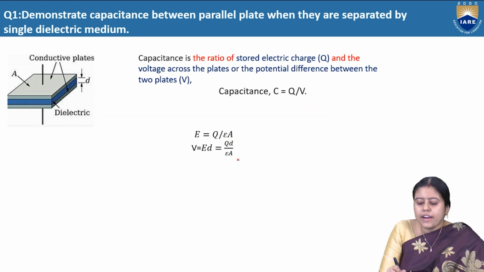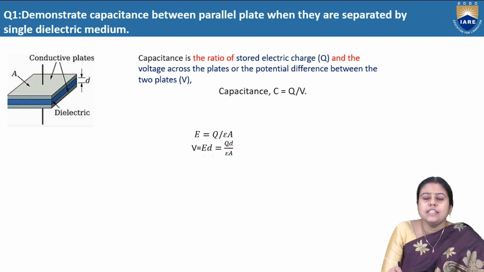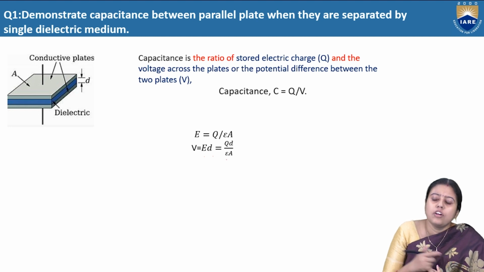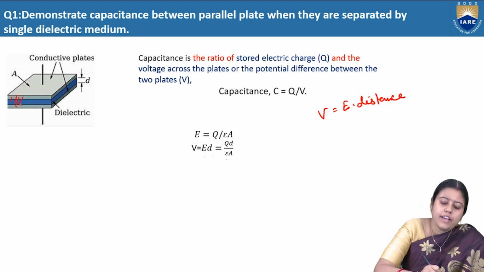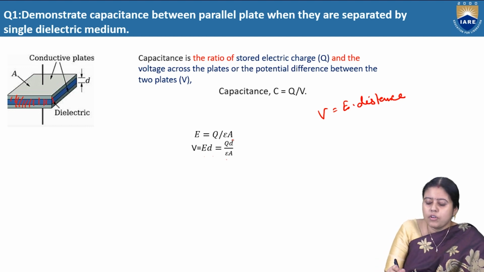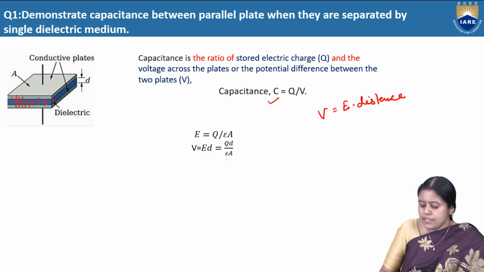So we write voltage or potential V is equal to E into d, where d is the distance between the two plates. So V is Q d by epsilon A. What is capacitance?